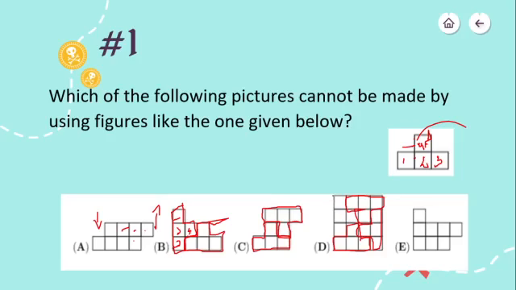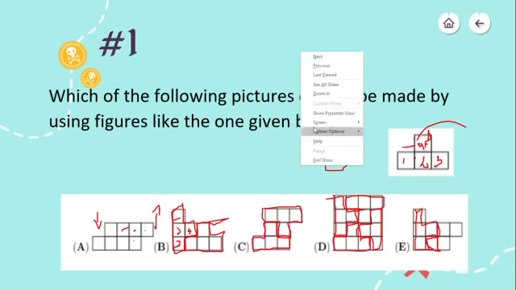Okay, and in this option you have this T-shaped square, and this is not possible. Okay, in D you can join 4 types of these squares and you can make one big square. Okay, but in E it is not possible.